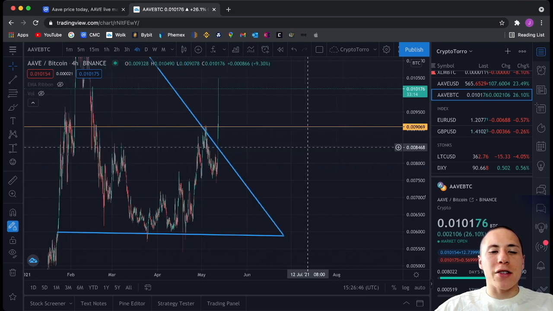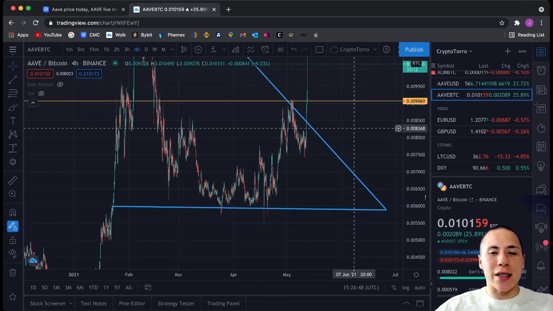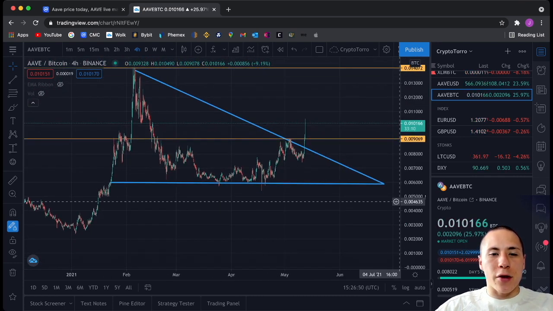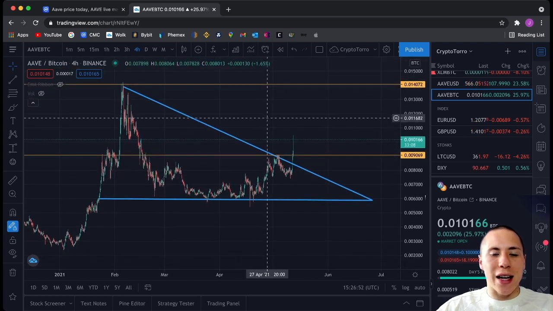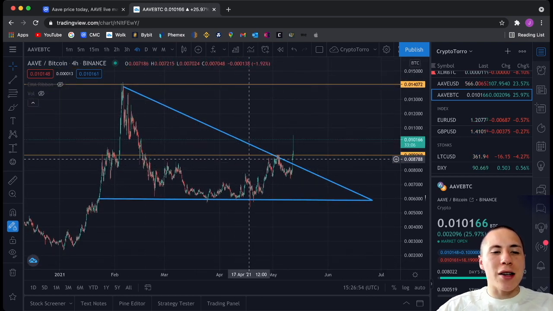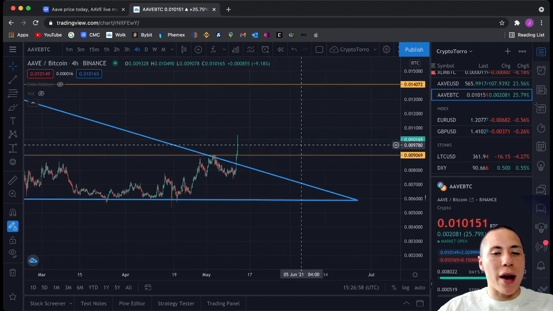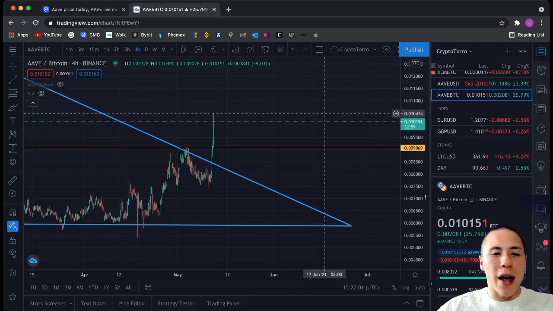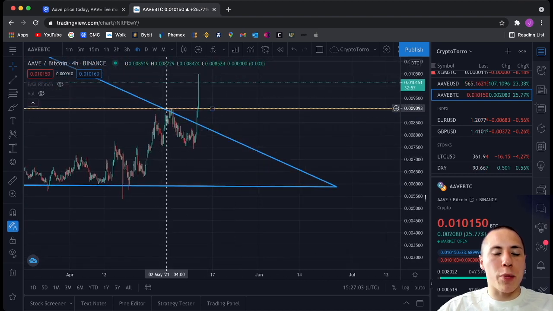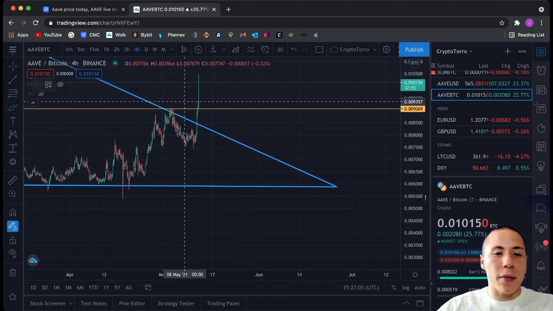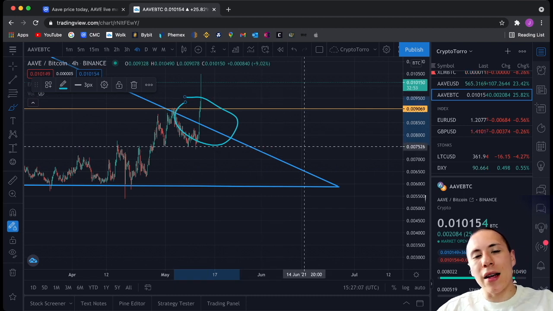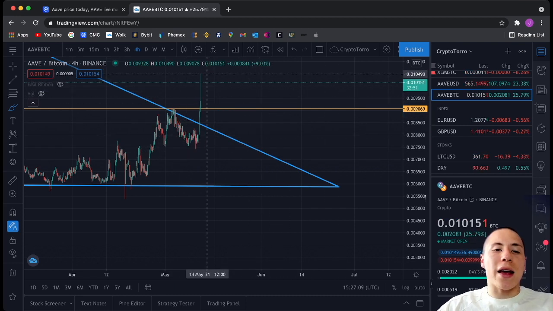And what I've seen here in the previous days is a huge pattern being created, and this is a descending triangle. These triangles tend to break out towards the downside, but as you can see right now at this particular moment, Eve broke through this downward sloping resistance line over here and is heading towards an even higher price target.